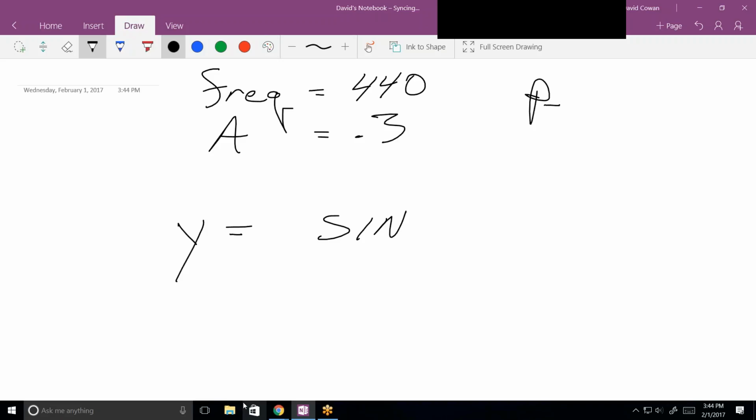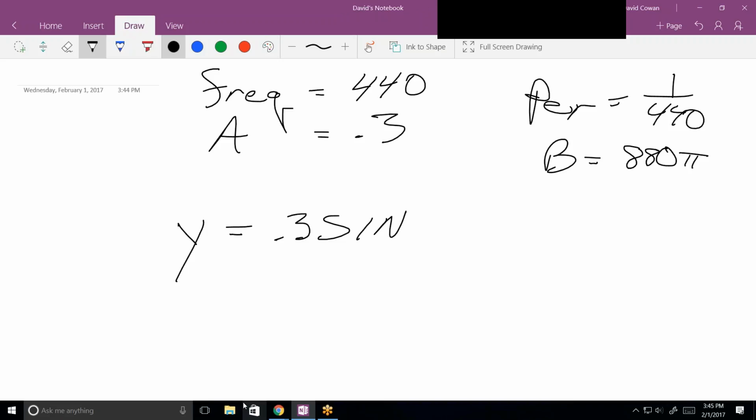The b is going to equal 2 pi over 1 over 440, so that comes out to 880 pi. With an amplitude of 0.3, your equation is going to be 0.3 sine 880 pi x, right? That's right.